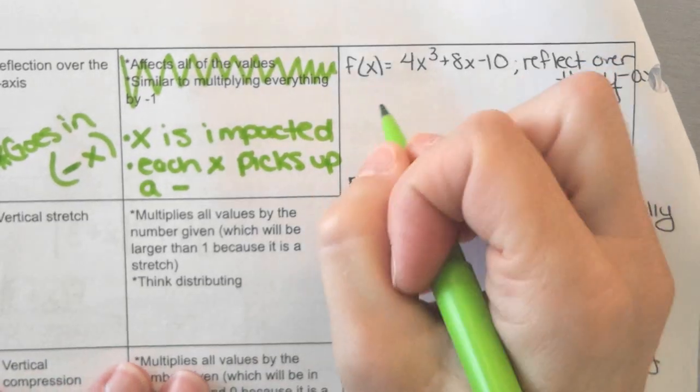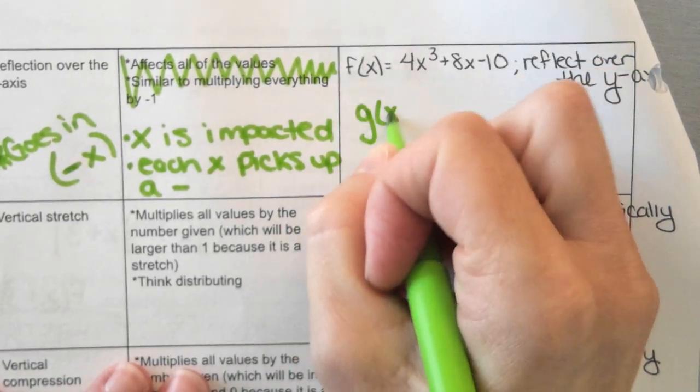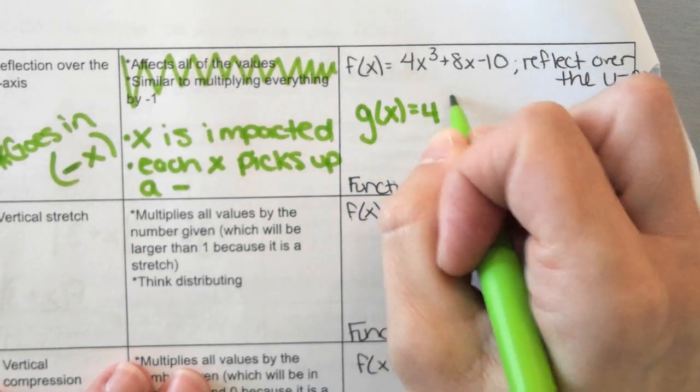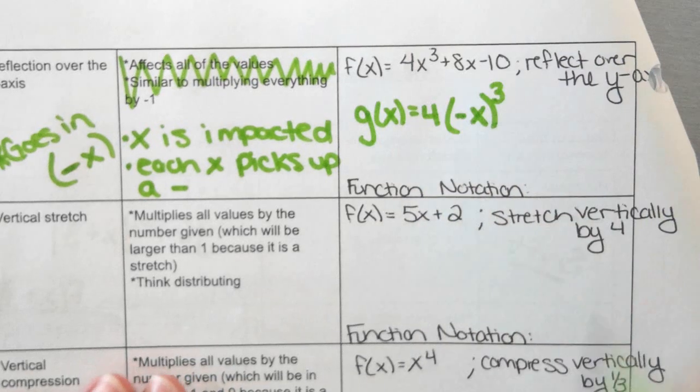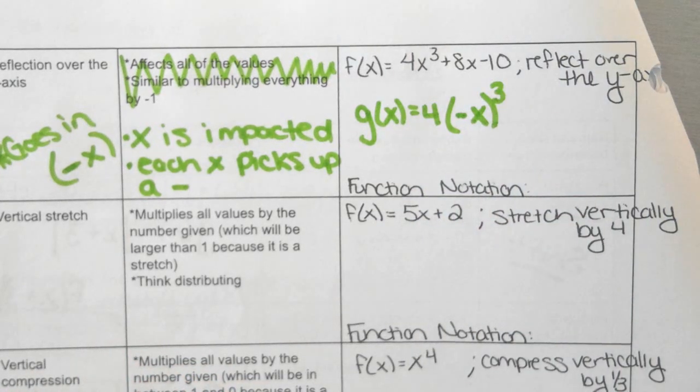Good? So let's look at the example. So over here, I'm going to say g of x to give it a new name. I'm going to put the negative right in with the x. Now, do you see how the negative goes in with it before anything else happens? So before I think about cubing, before I think about multiplying by 4. So the negative has to happen first.